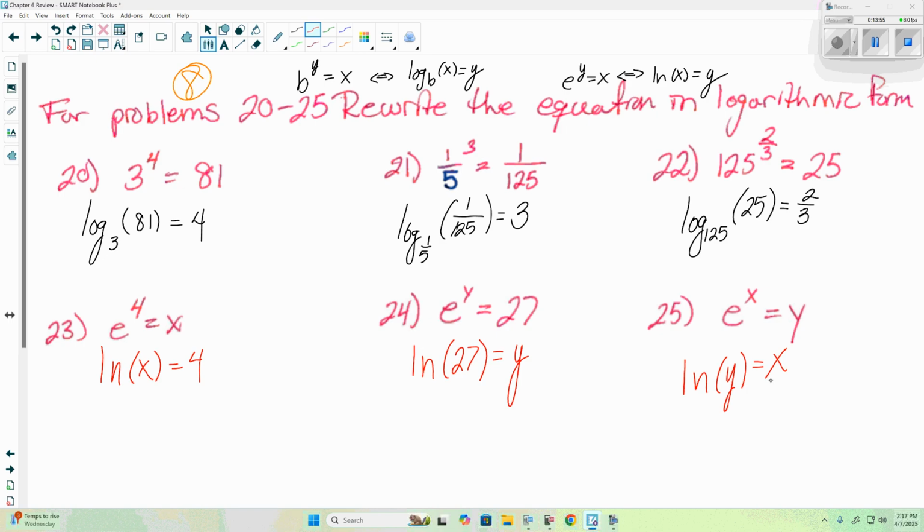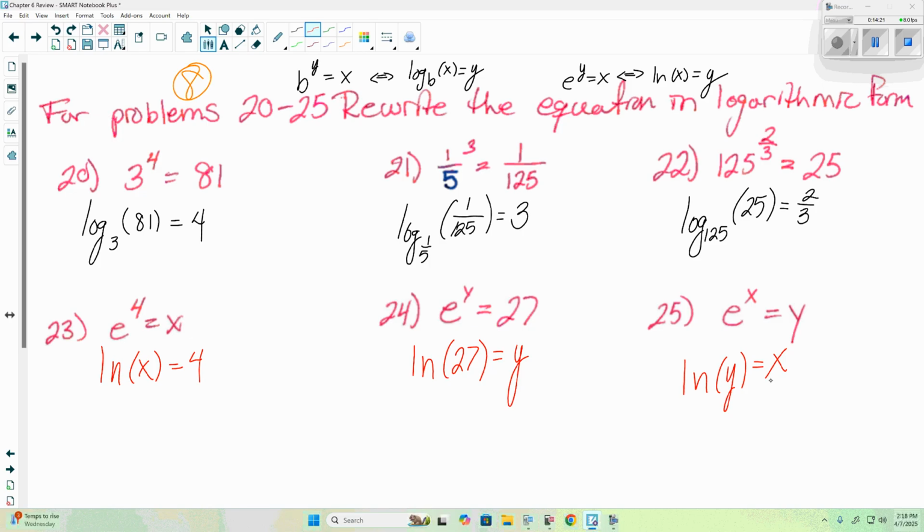But again, that's 8 of the problems on part 1. Actually, that is exactly half of part 1. So there are 32 questions on the first part. 8 of the 32 is to rewrite from logarithmic to exponential. 8 is to rewrite from exponential to logarithmic.